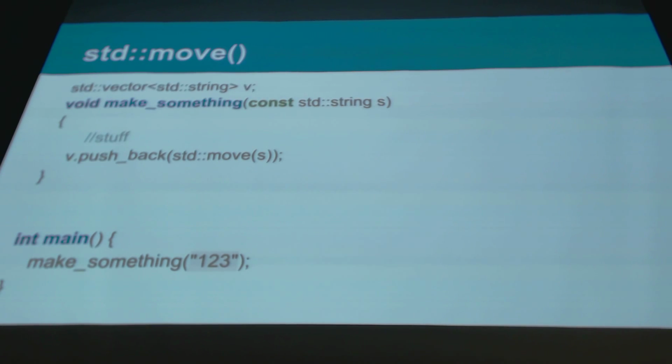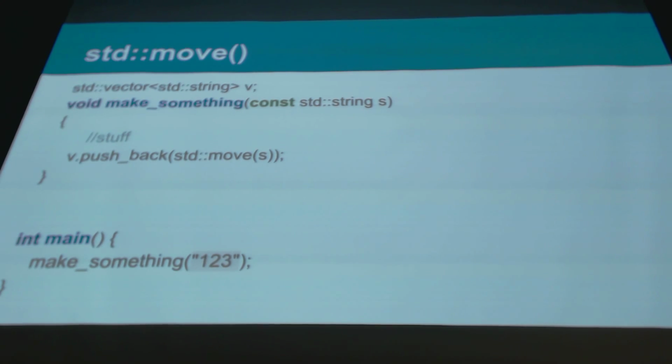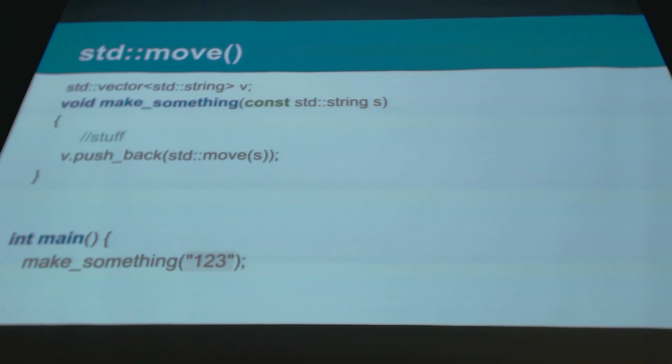So let's imagine that we have a function, and some programmer firstly said, okay, I have a string that I copy, and I'm not modifying it inside the function. And then after this lecture, he thought, oh, I have this string, so I can move it inside the vector.